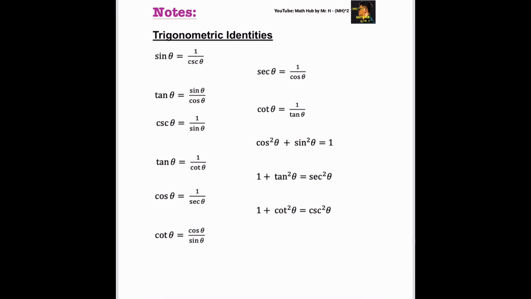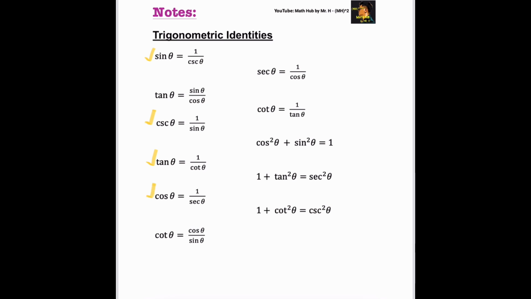So we're going to start off with the reciprocal identities. Sine theta is equal to 1 divided by cosecant theta. So we have here cosecant theta equal to 1 divided by sine theta. So we have here tangent theta is equal to 1 divided by cotangent theta.